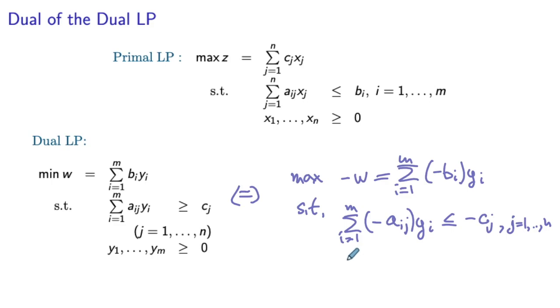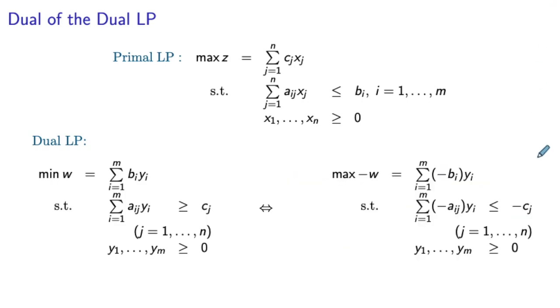And we also have y1 through ym greater than or equal to 0.